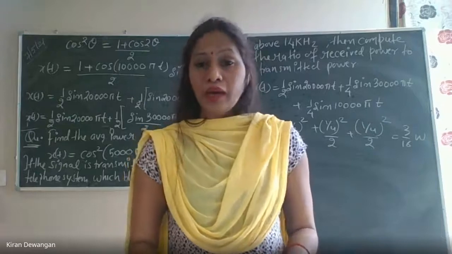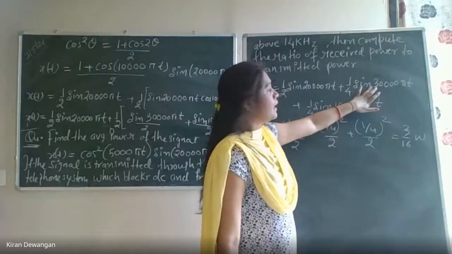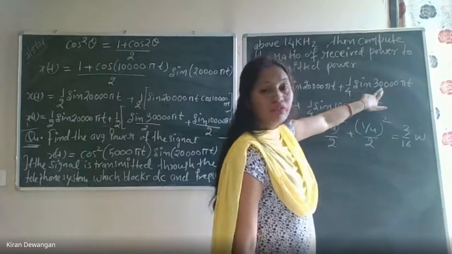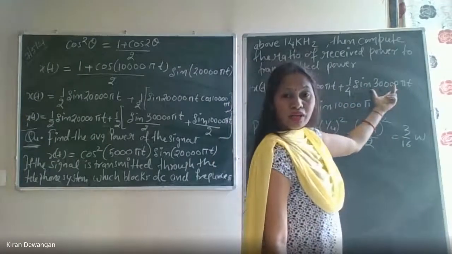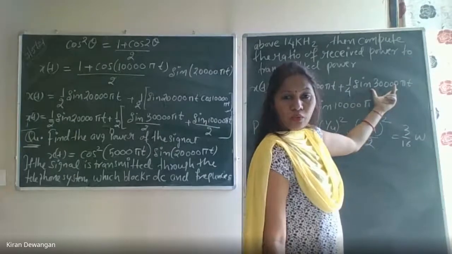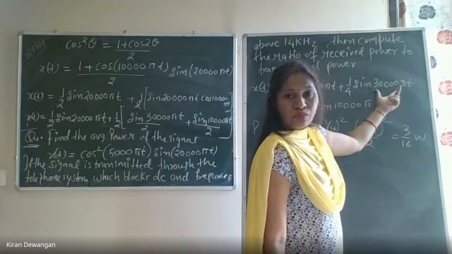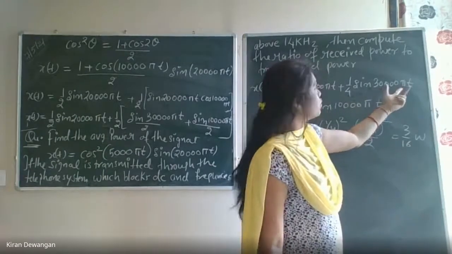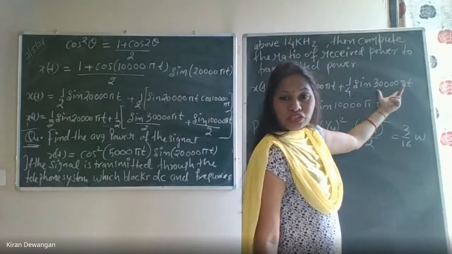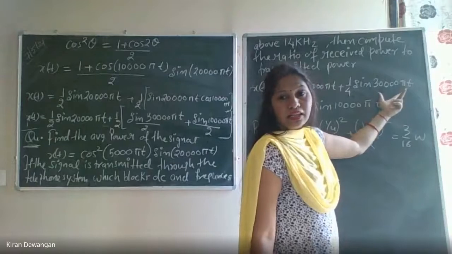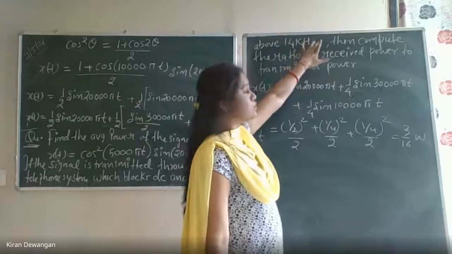Only this particular term will get blocked. Okay? Because here it is sin of 30,000 pi t, the frequency here is 15,000. Omega naught is 2 pi f. Omega is always 2 pi f. Here we are not taking the angular frequency. The 2 pi is already here, so it will be 15,000. This one is 15,000 and it is greater than the frequency which is blocked, so the frequency above 14k is blocked.